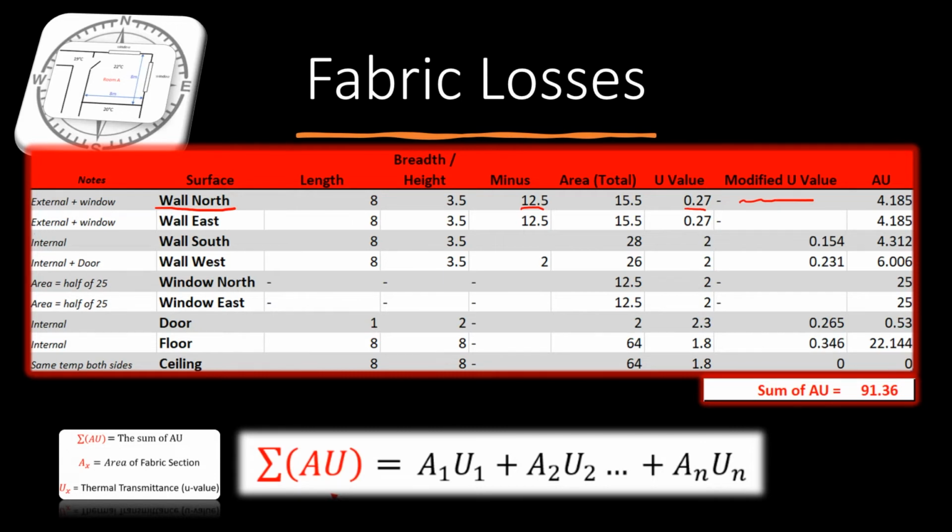For my east wall, I've done the same again, external plus window, just to factor in that window and that it's on the outside. South wall, factor in it's internal, so remember I've got a modified U value. West wall, I've written internal plus door, just so that I remember it's got a modified U value, and also I'm deducting that number 2.